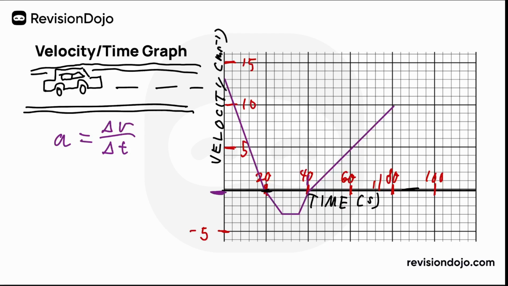So in the previous distance over time graph, we saw that the gradient meant velocity. Well, similarly, here in the velocity time graph, the gradient means acceleration, and you should be able to understand kind of why. Because change in velocity over time happens to be, well, exactly the formula for acceleration. So you can find the gradient and then deduce the acceleration at any point on this graph.